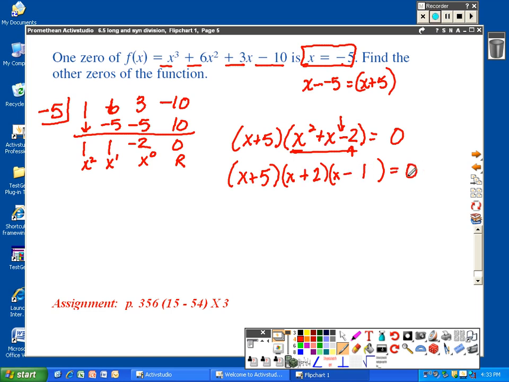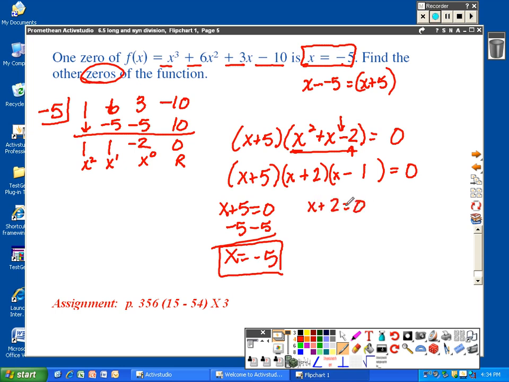Since it asked for the zeros, I must now solve this. So x plus 5 equals 0. Subtract 5. X equals negative 5. 1 root, which they gave me. X plus 2 equals 0. Subtract 2. X equals negative 2.